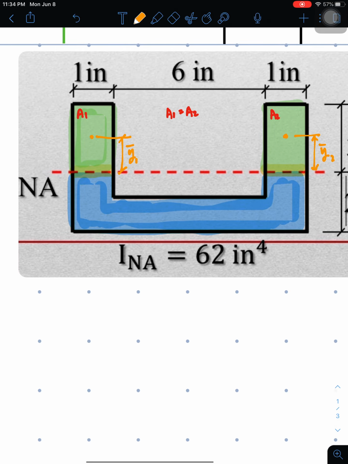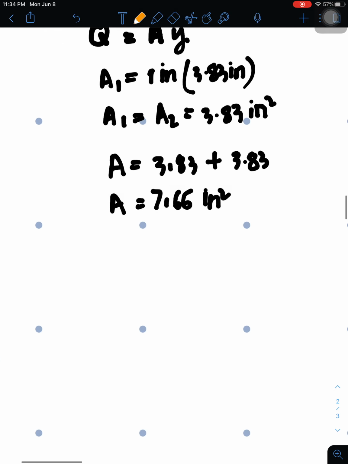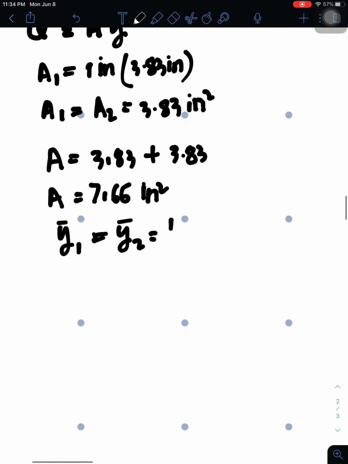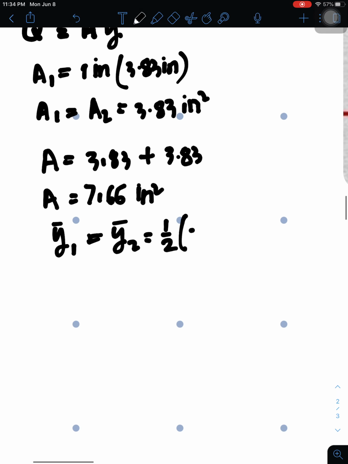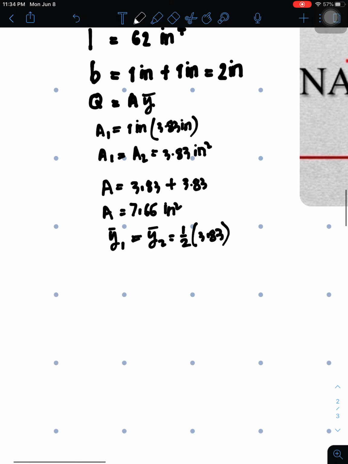So barred y1 is just equal to barred y2, and that is one half of 3.83. So that is barred y1, and that is equal to barred y2. That's 3.83 divided by 2, 1.915.